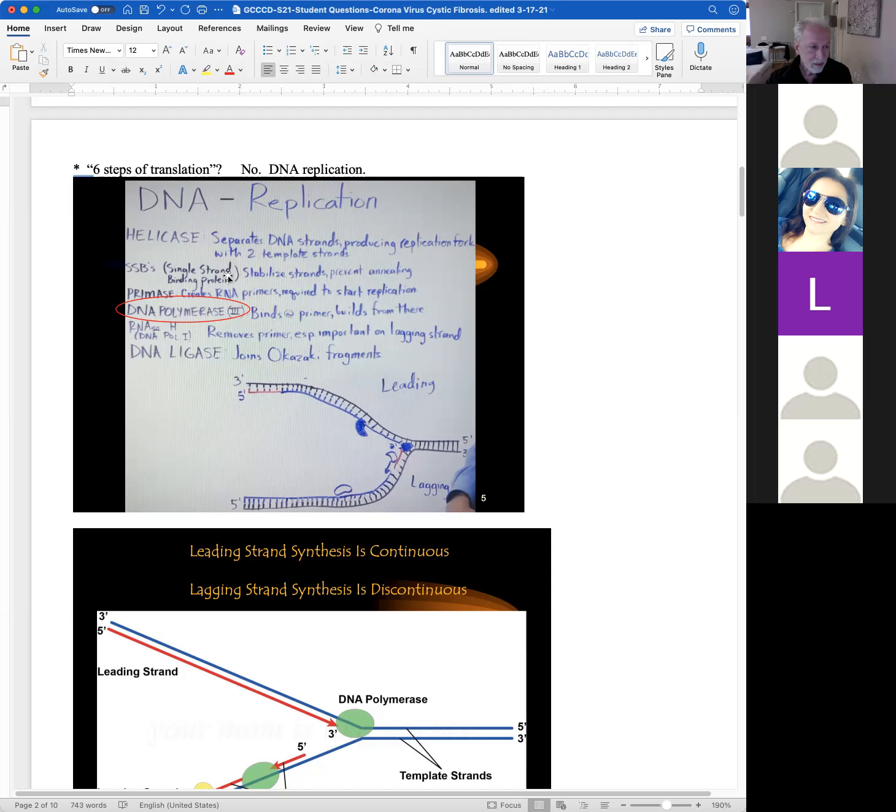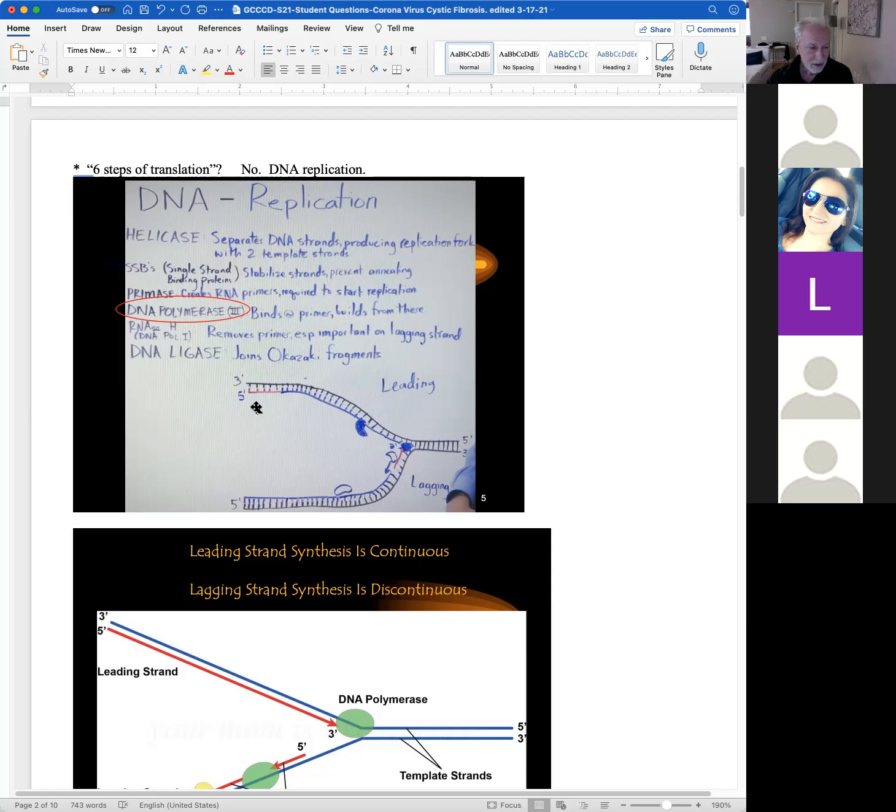So these four components are necessary for synthesis on either of the strands. Two of them are used only for the lagging strand, in addition to the DNA polymerase, of course. They are RNase H, which removes the primer, and DNA ligase, which joins Okazaki fragments.